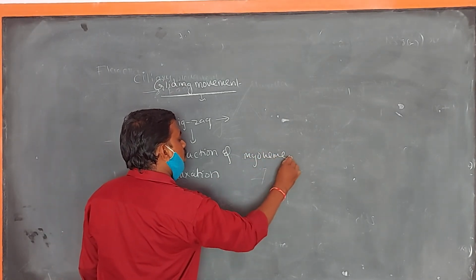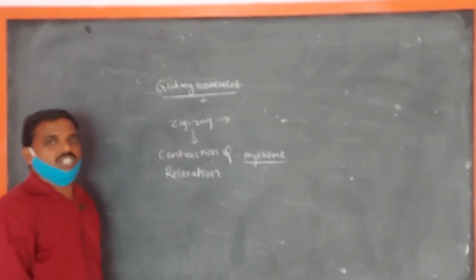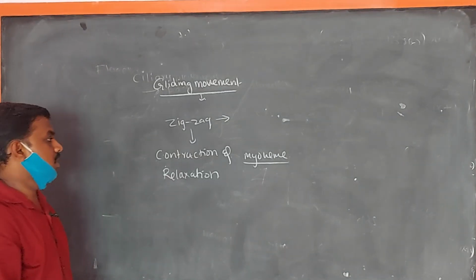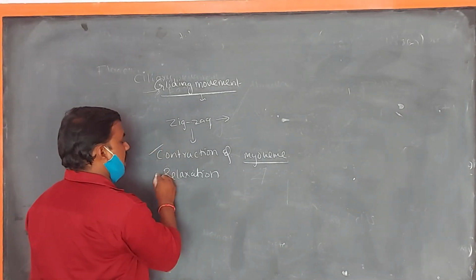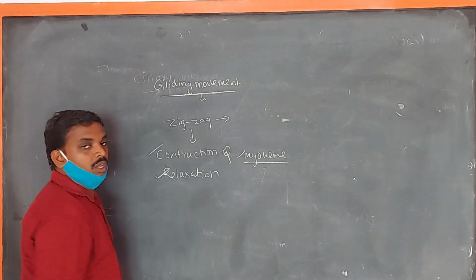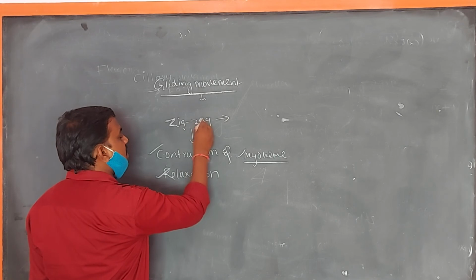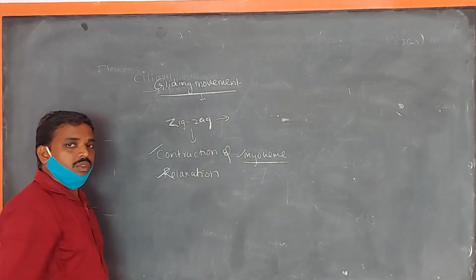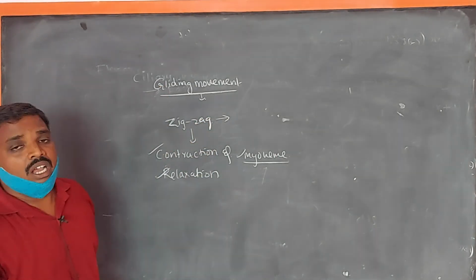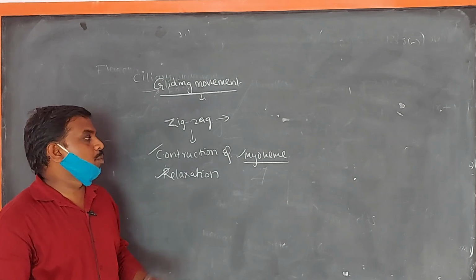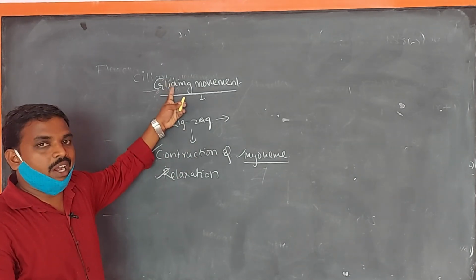So the myoneme is another locomotory structure in protozoan animals. By the contraction and relaxation of the myonemes, some protozoan animals exhibit zigzag movement. It is also called the gliding movement. The zigzag movement is also called gliding movement.